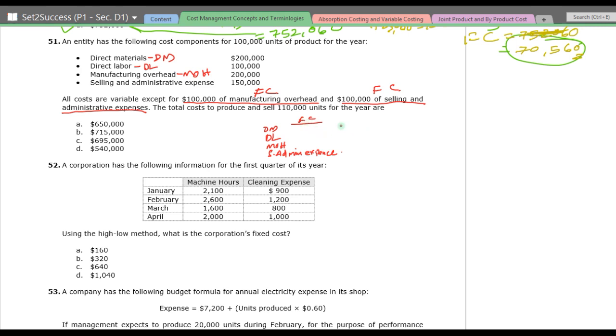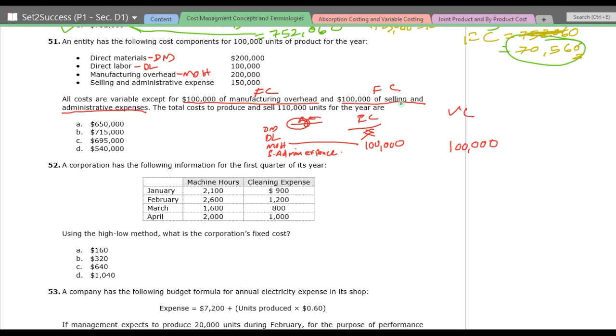DM is not your fixed cost, direct labor is not your fixed cost. Of the manufacturing overhead of 200,000, 100,000 is fixed cost and 100,000 is variable cost.